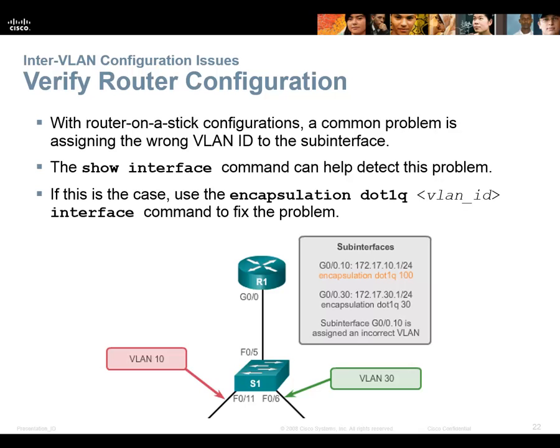If you're going to use router on a stick, the problem that's most common is assigning the wrong VLAN ID to the subinterface. Everything's got to match up, so make sure your VLAN IDs stay the same everywhere. It's not important what VLAN you use, it's just important that you use the same VLAN. One thing that Cisco shows here, and that I think is the way to do it, if you are in complete control of your network and you're using internal IP addresses, so you're going to use non-routed 10s or 192s or 172s, whatever, make your VLANs match up with your IP addressing.